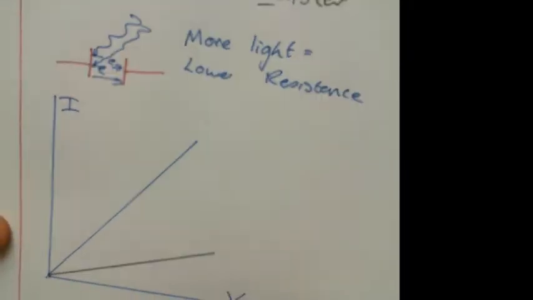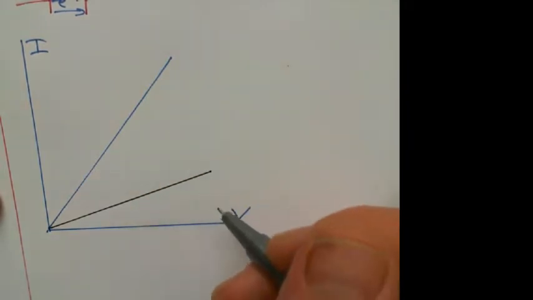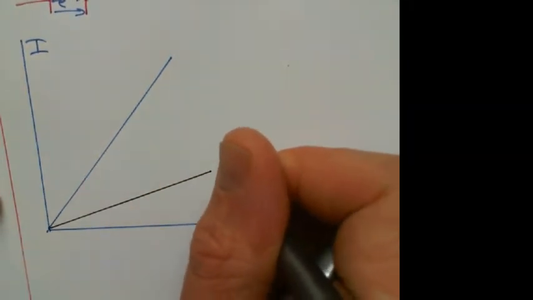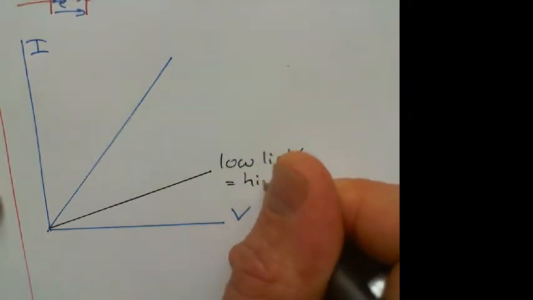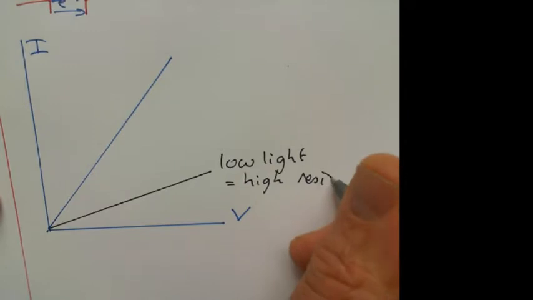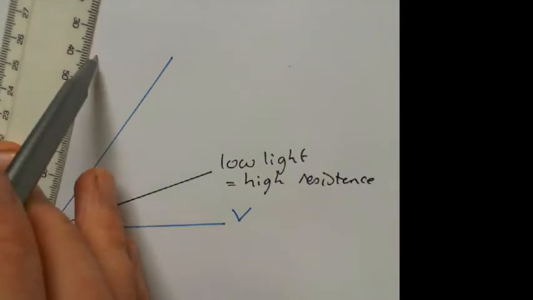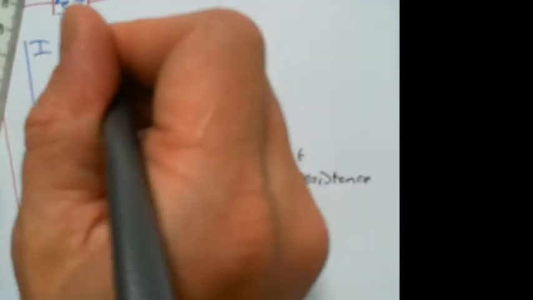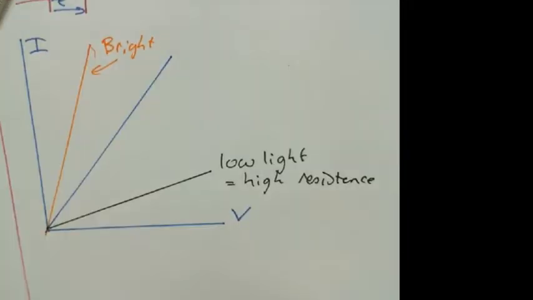On this one, that's telling me that this one has got low light levels, or dark, equals high resistance. And that's shown by the low gradient. And equally, if it's in bright light, then you're going to get a lower resistance, so a steeper gradient.